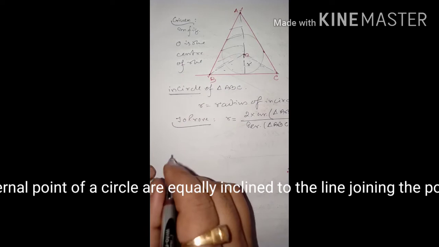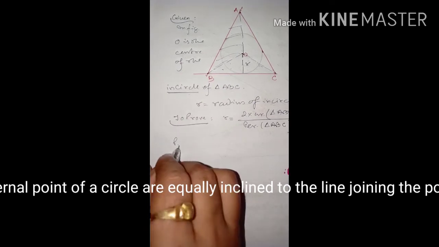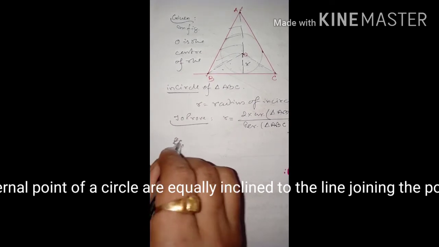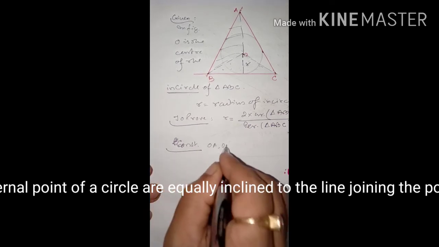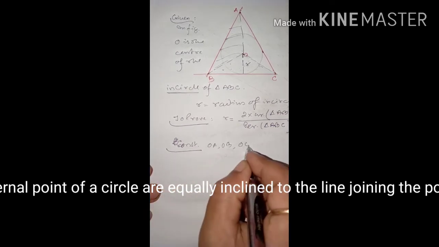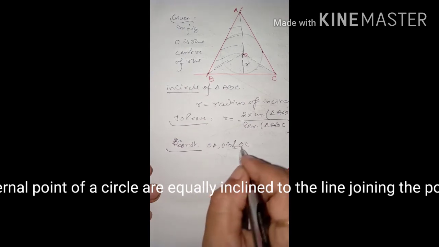Now we write the proof here. Sorry, the construction you have to mention first: OA, OB and OC are joined.